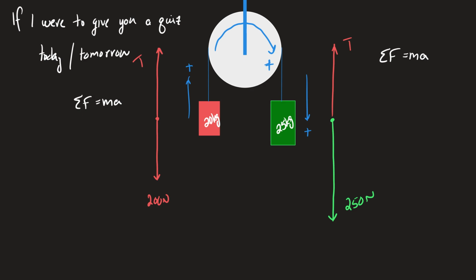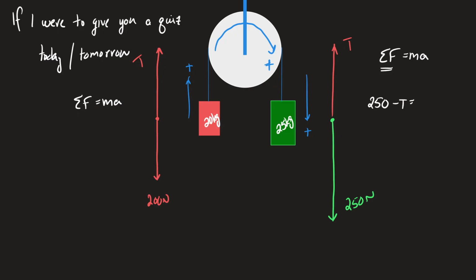So now, as I write this out, this has to accommodate all the arrows that are in one dimension. I think we're talking about the y direction for this one, right? Because there's nothing going on in the x direction. So 250 is downwards, I make that positive. Tension is upwards, make that negative.